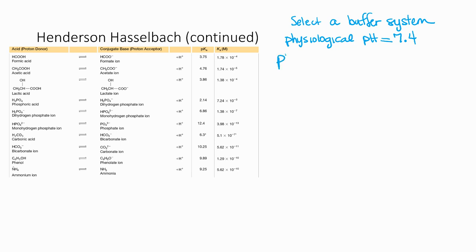Remember, its pKa has to be plus or minus 1 unit from the pH that we want. So in other words, we have to get it close to 7.4. And so let's take a look.